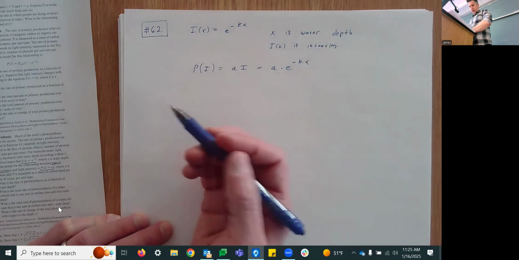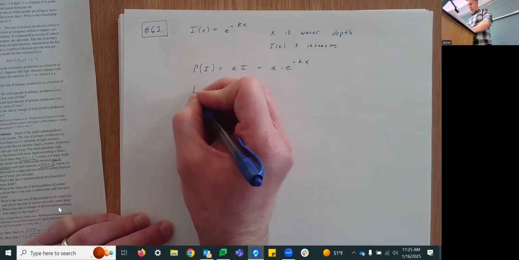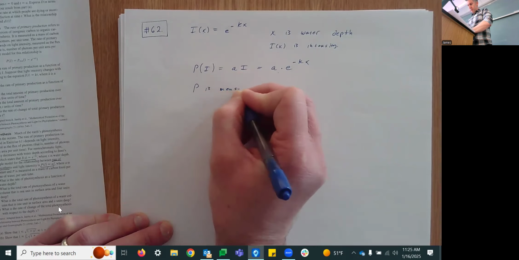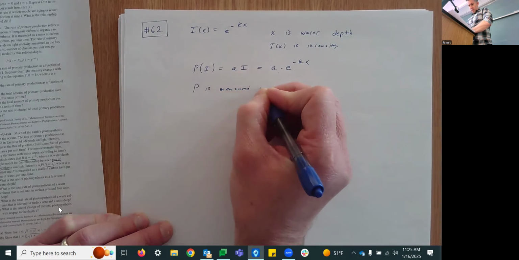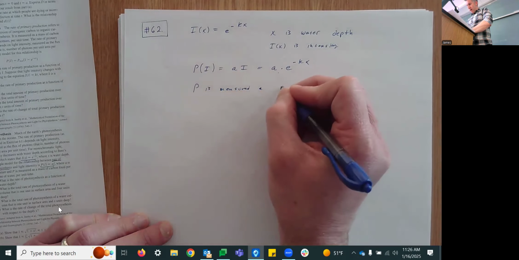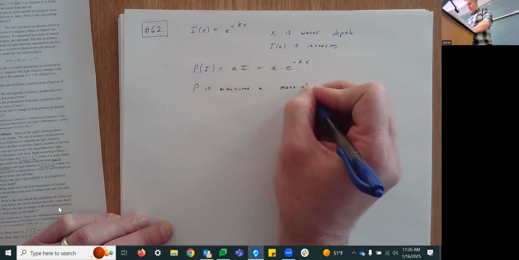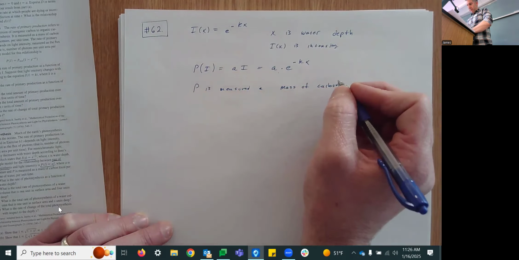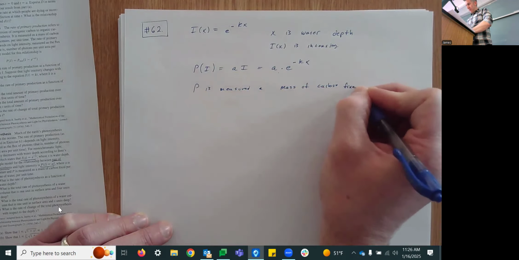Where A is a constant and P is measured as a mass of carbon fixed, right?